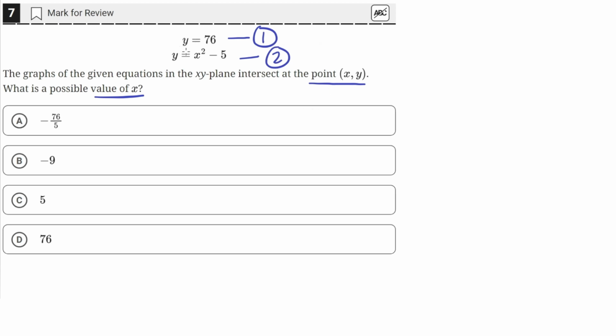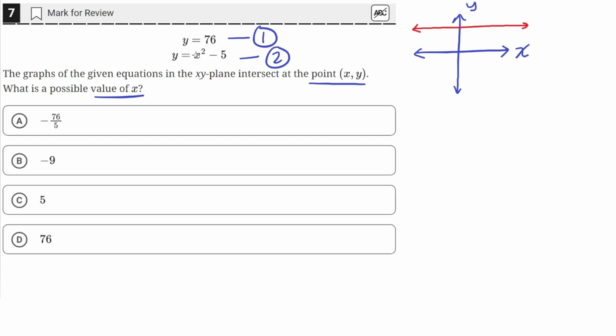So y equals 76, if we draw that on the xy-plane here, we'll make some axes, x, y. So y equals 76 is just setting y equal to some constant, which is just a horizontal line in the xy-plane.